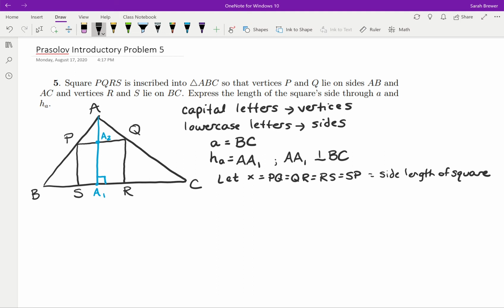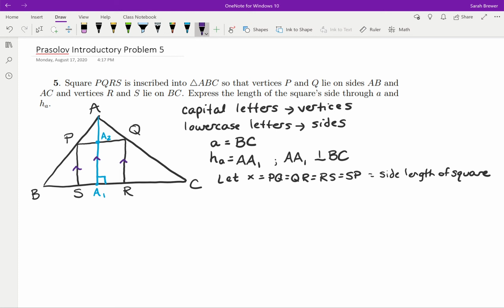Now we know a few things here, because we have some parallels. For instance, I know that these three things are all parallel. And because of that, we can use the side splitter theorem to set up some ratios for us.